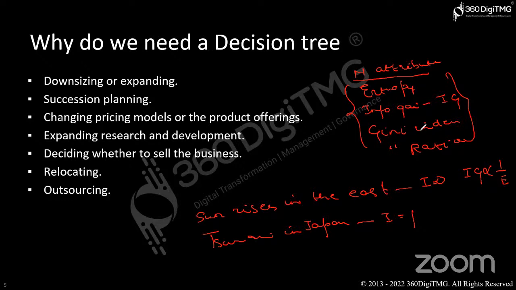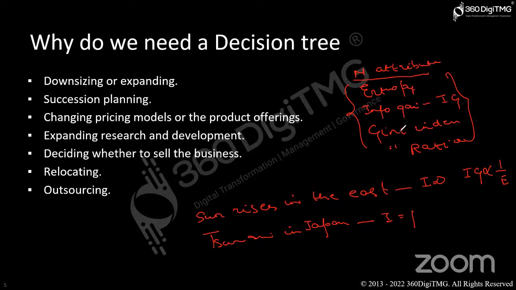The Gini index works with the categorical target variable, success or failure. It performs only binary splits.